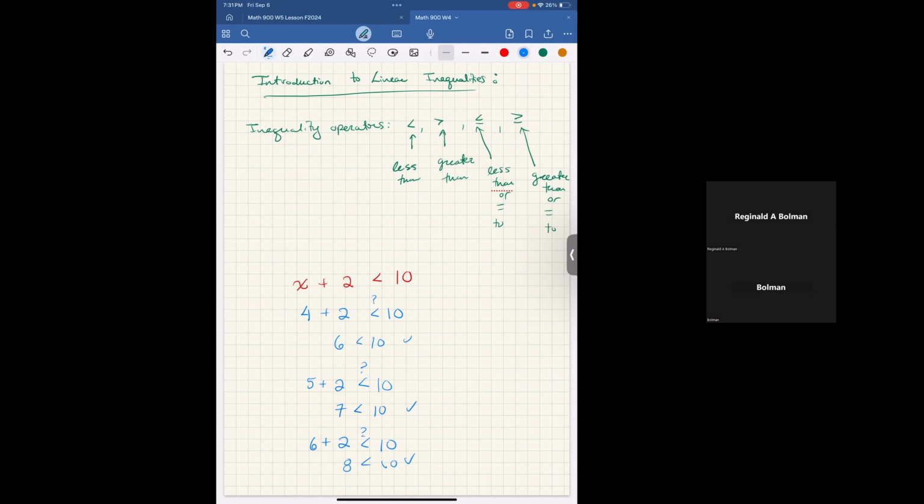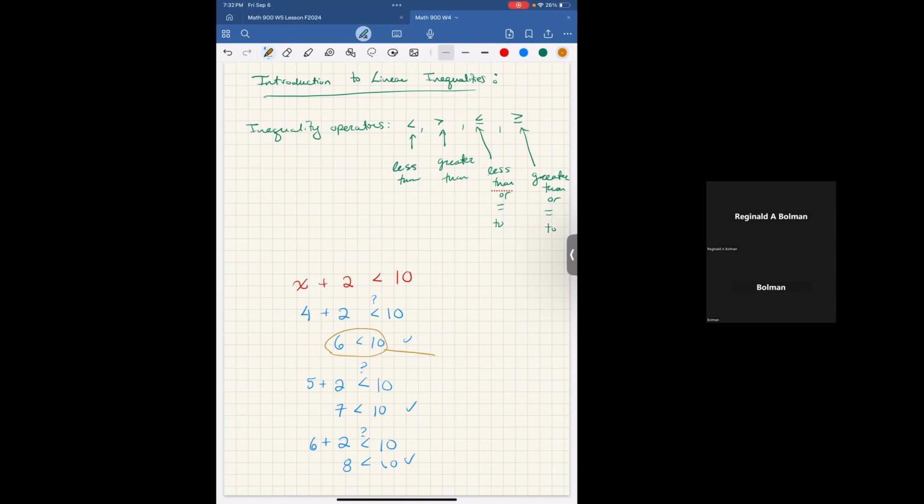So one thing we should note is that a linear inequality, unlike a regular equation that has an equal sign somewhere, will have a range of possible solutions. And when we say a linear inequality has a solution, what we're looking for is a statement to hold true, such as this 6 less than 10.